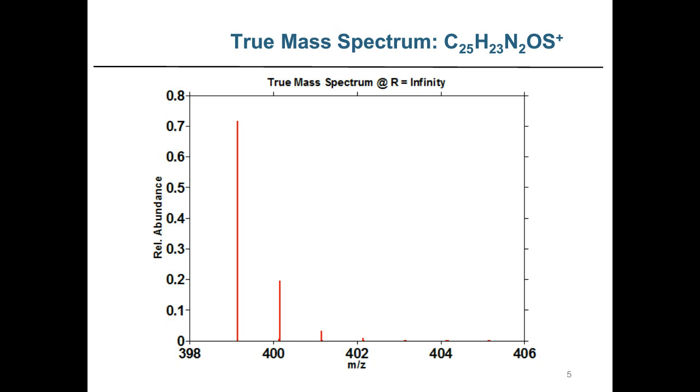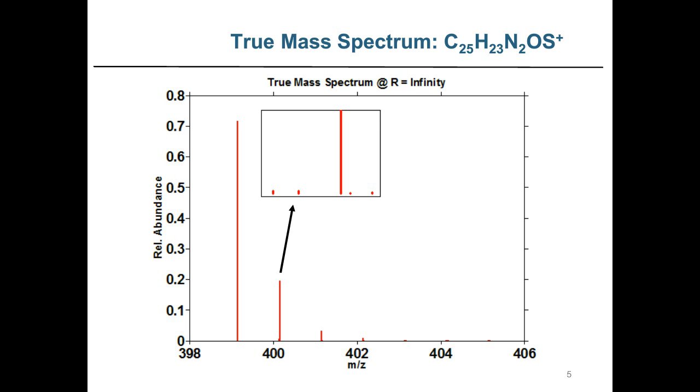However, if we look a little bit more carefully, especially at the A+1 cluster, we actually see that it consists of multiple isobars, indicating the presence, in this case, of carbon-13, nitrogen-15, S33, deuterium, and oxygen-17. After we centroid the data, of course, these smaller peaks, which are key to the elemental composition information, are lost.